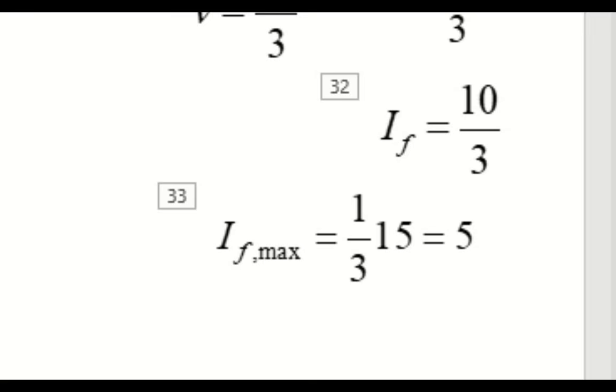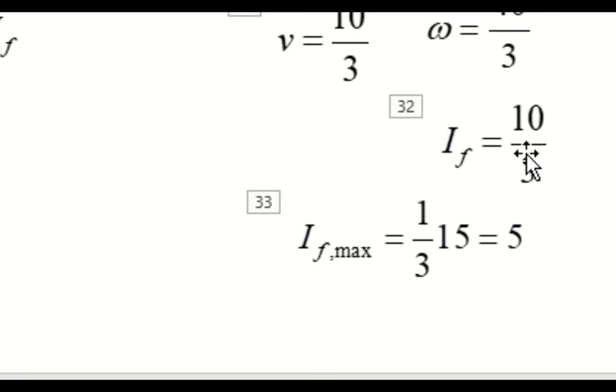One thing I would like to add: this IF is the impulse of kinetic friction. Here we are not saying that friction is less than mu N. Friction is always mu N. Only when IF is less than IF max, it implies that IF is developed for a smaller time. It is mu N, no doubt.